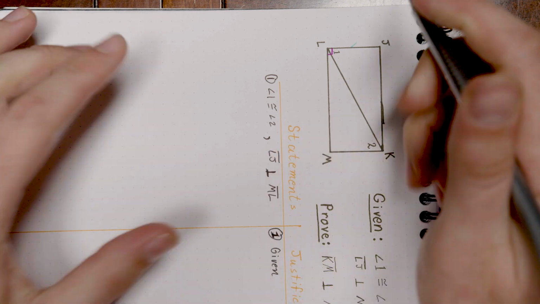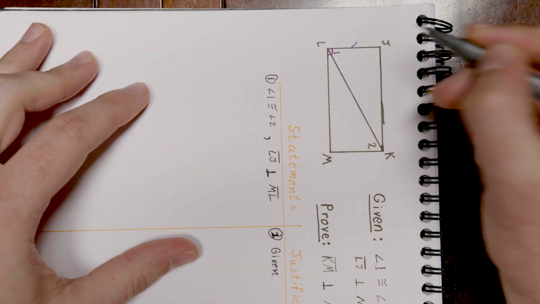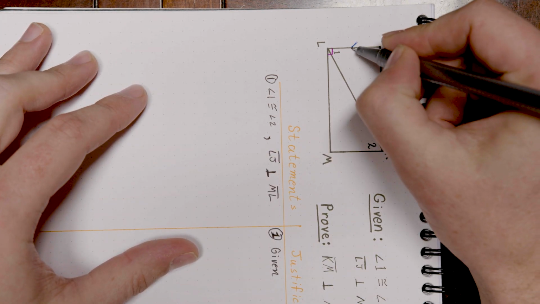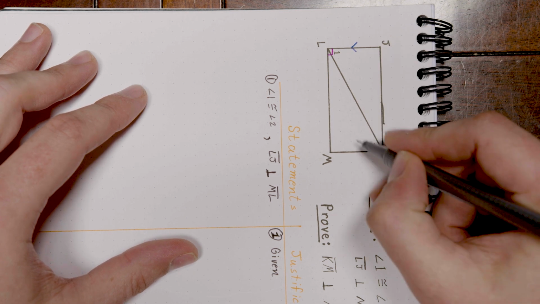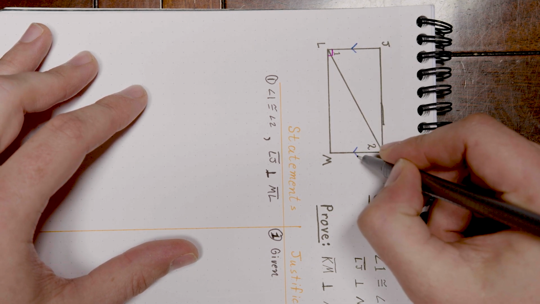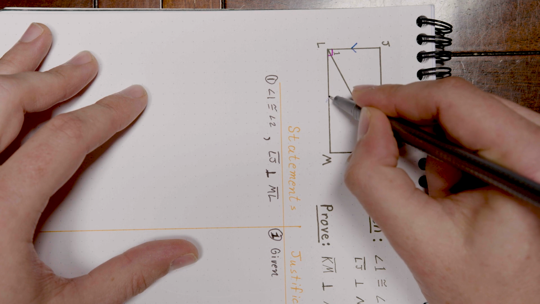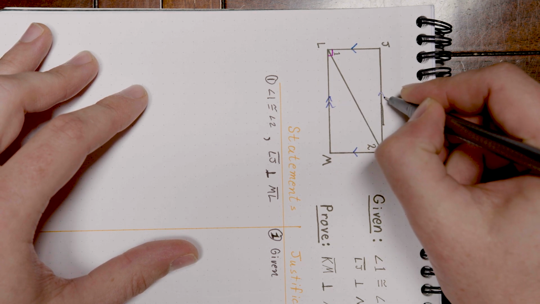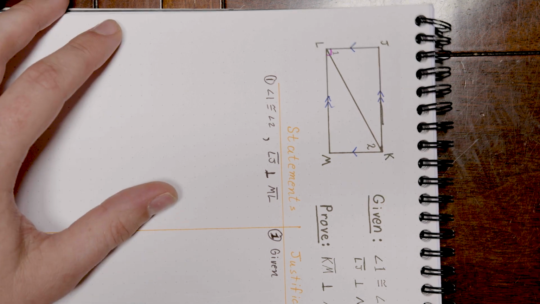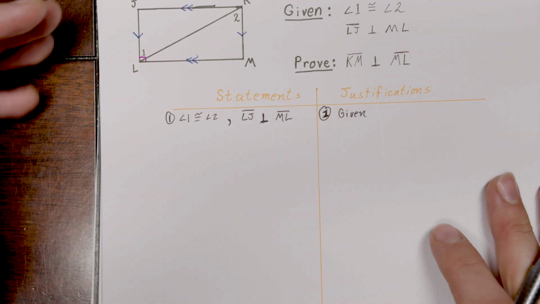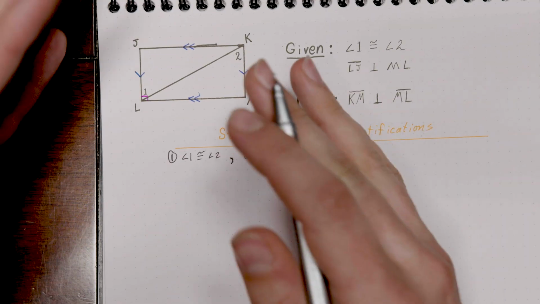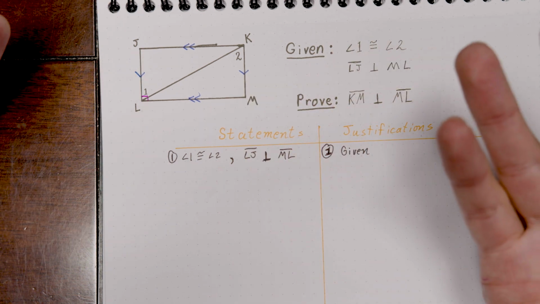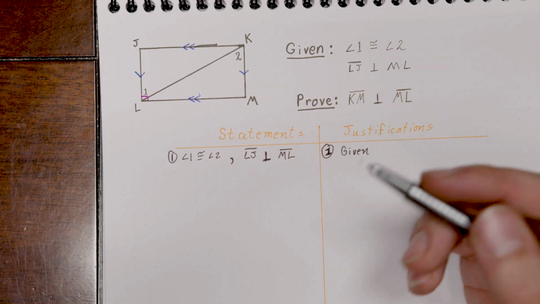So we're going to mark this, and this, showing that these are parallel. This is how I teach you to do these proofs: we walk through and just start saying what we know we can say.